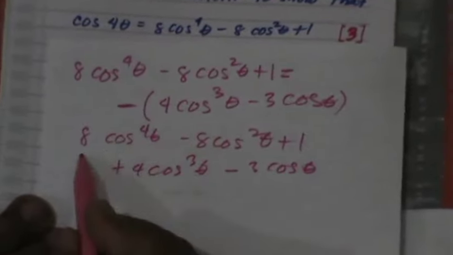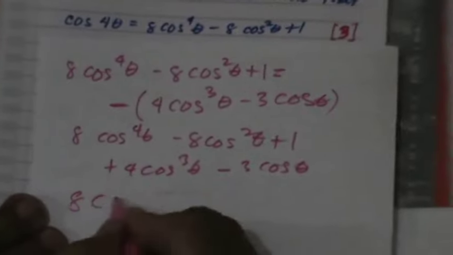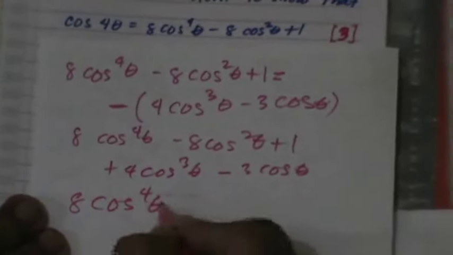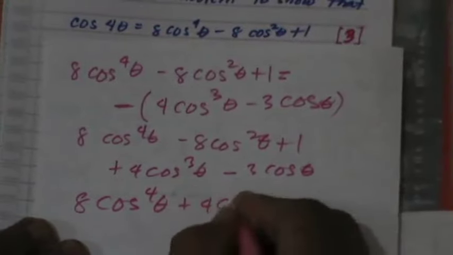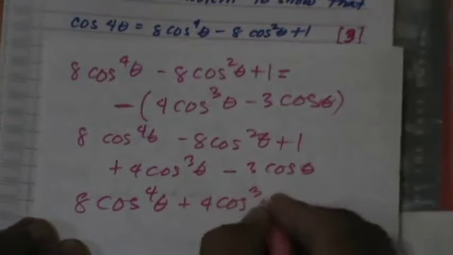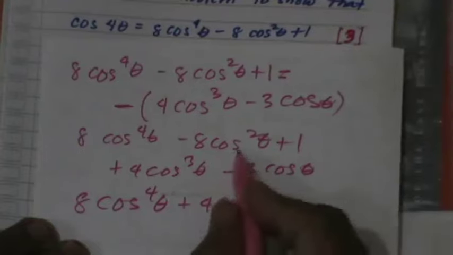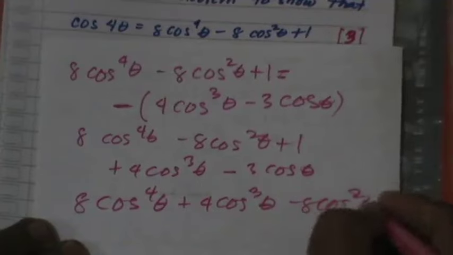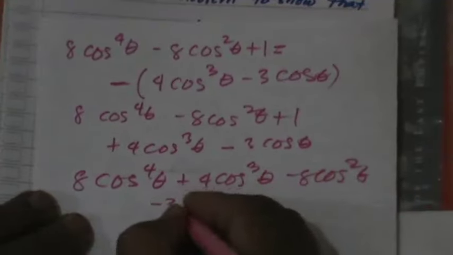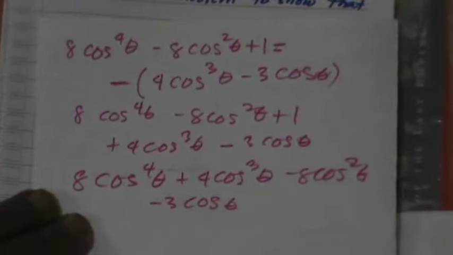So 8 cosine 4 theta, plus 4 cosine cubed theta, and you have there now this, minus 8 cosine squared theta, minus 3 cosine theta, plus 1. And that's it.